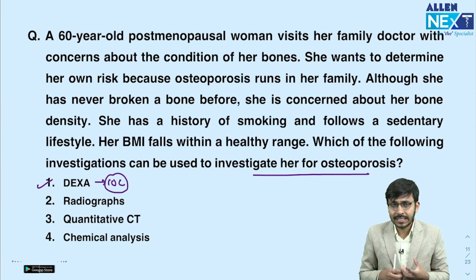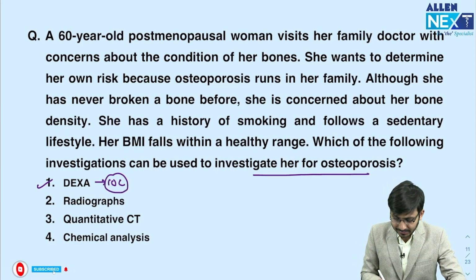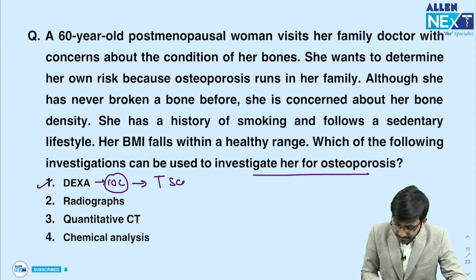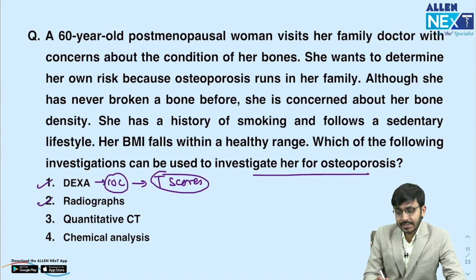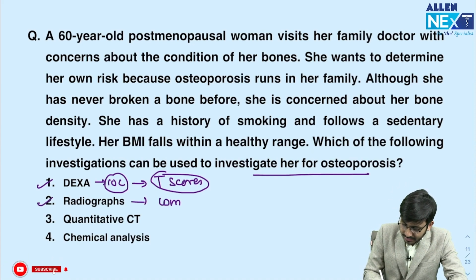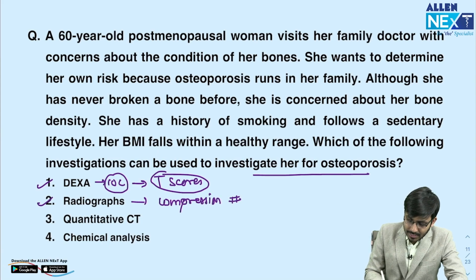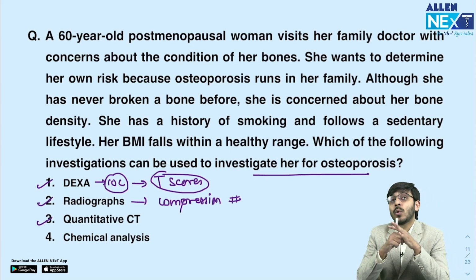And what do you see in DEXA? How do you use DEXA? You evaluate the T-scores. We'll come to T-scores in a bit. Now, can radiography be used? Yes, in radiography you see compression fractures, right? And quantitative CT. Now, what is quantitative CT?